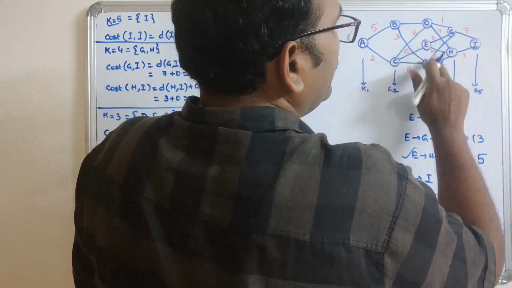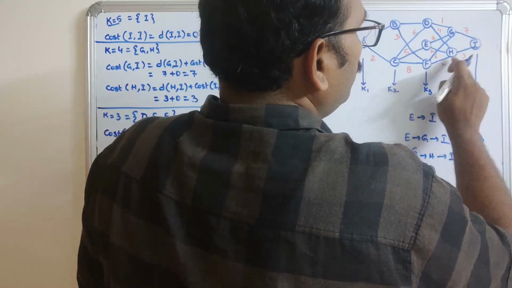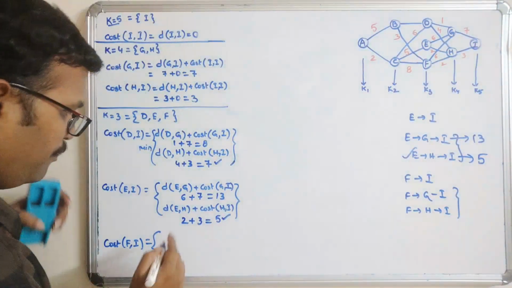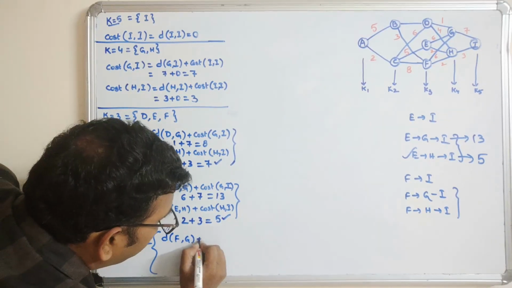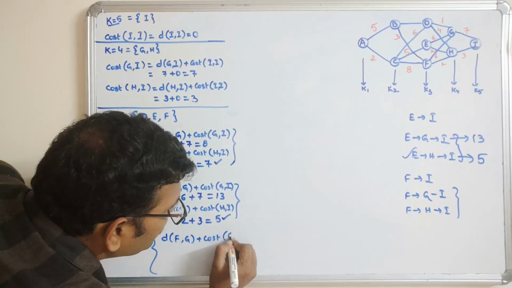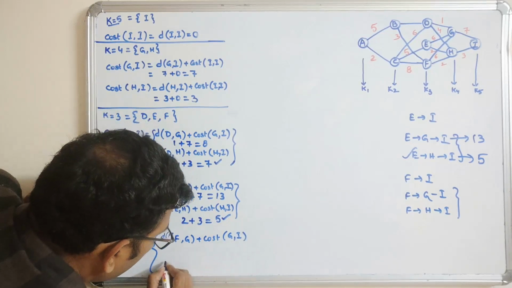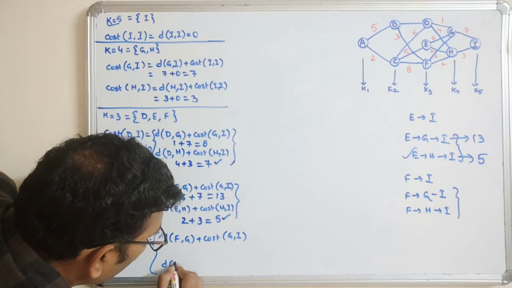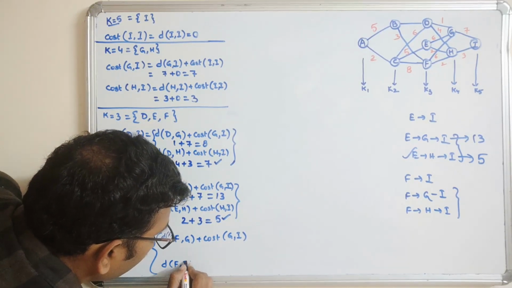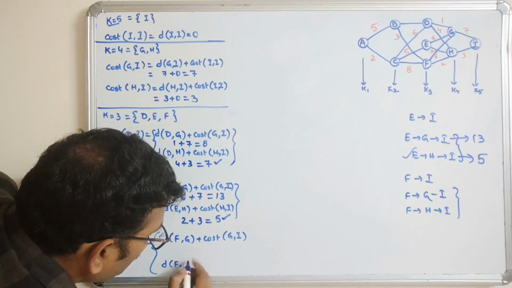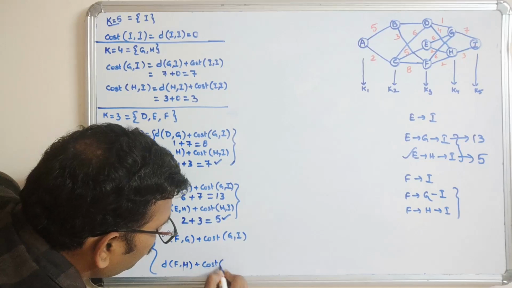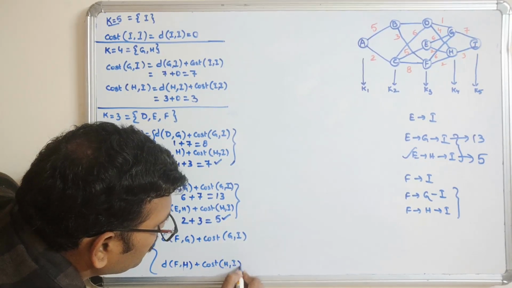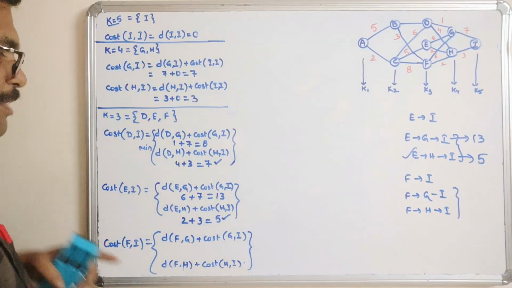So D of F to G plus cost of G to destination, similarly D of F to H plus cost of H to destination. We need to find the minimum among these two.